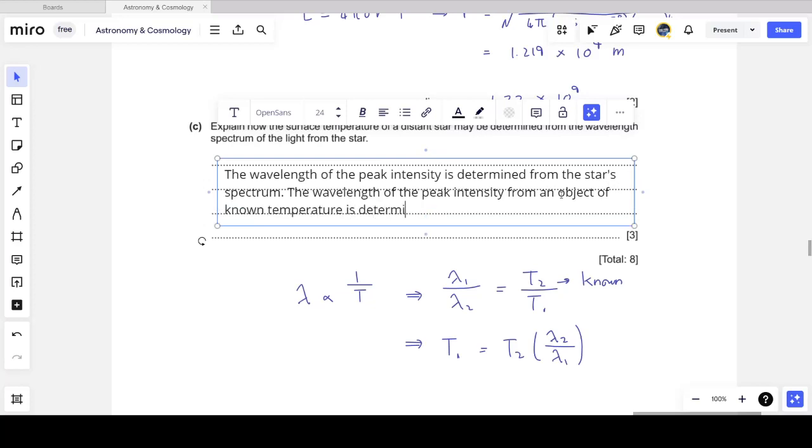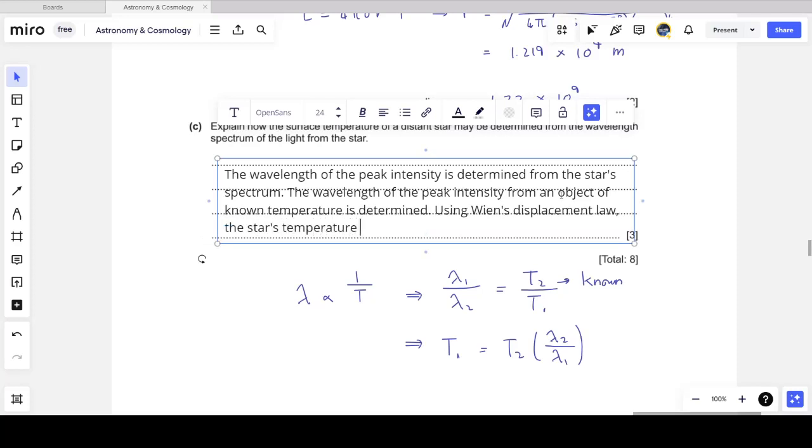Once we find the two wavelengths, we are only left with one unknown, which is the temperature of the object that we are interested in. And so we should say that, specifically using Wien's displacement law, the star's temperature can be found.